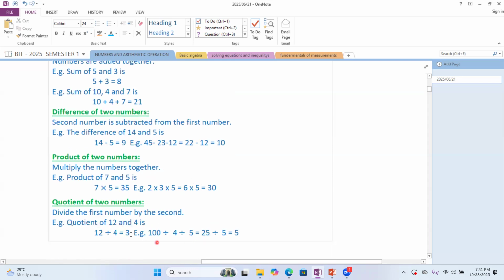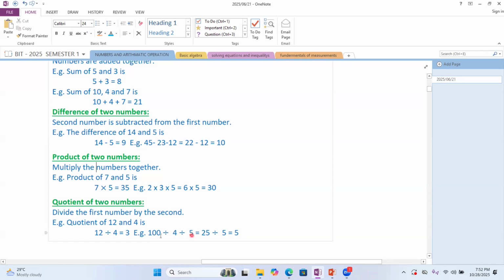Quotient of 12 and 4 means 12 divided by 4, and we get the result 3. And another example, 100 divided by 4, again divided by 5.